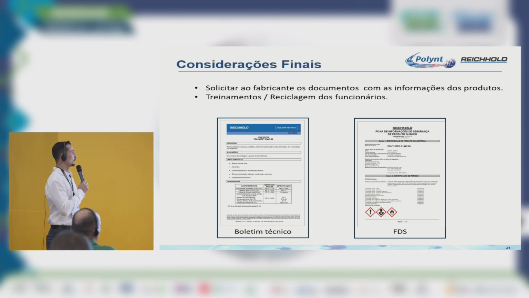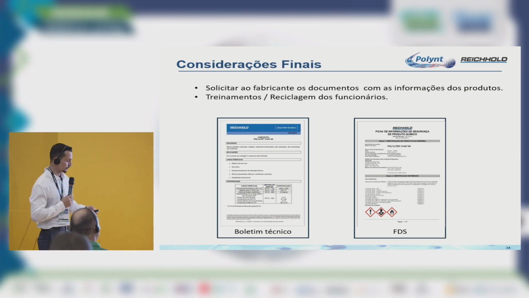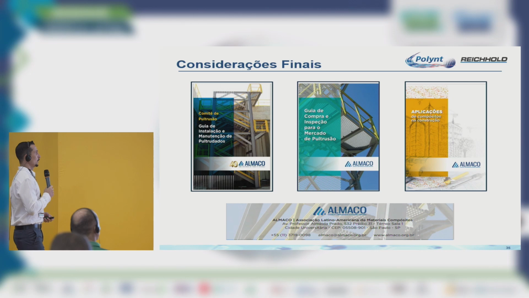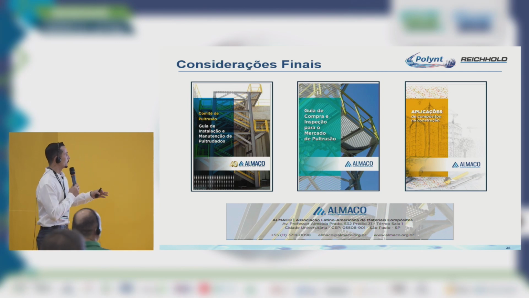The manufacturer or transformer should ask the manufacturer for documents concerning the products. We have a technical spec sheet and also the safety data sheet with training and recycling offered to employees. With regard to Reichhold, we took part in the pultrusion committee, Almaco.